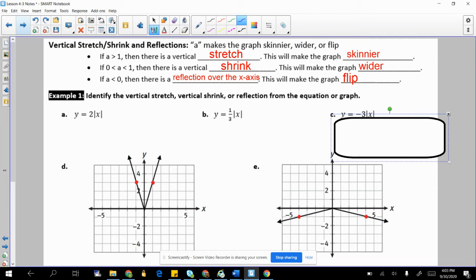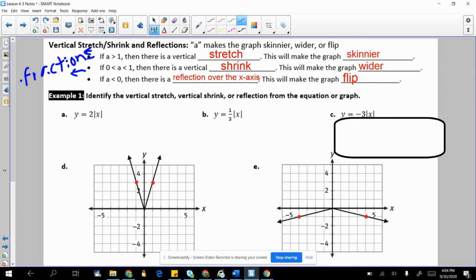Then the next part says if A is between 0 and 1. So those are mostly going to be fractions, meaning like 1/2 or 3/4 or something like that.